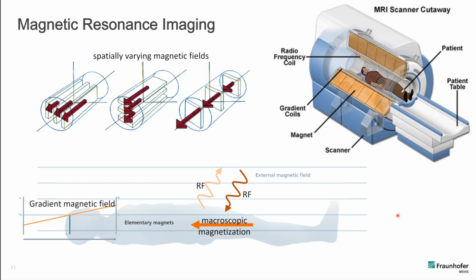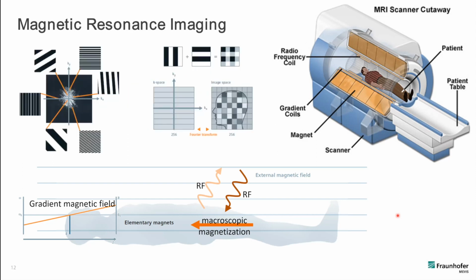For spatial resolution, we are utilizing so-called gradient magnetic fields, which allow us to modulate our signal spatially in a way that we can get different sinusoidal patterns. As you all know, that's something we put into our K-space. So we are acquiring the data in K-space, and by combining the different patterns, we get our image out by doing a Fourier transform.